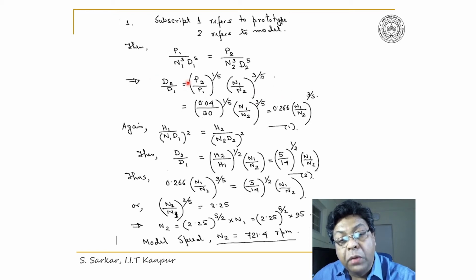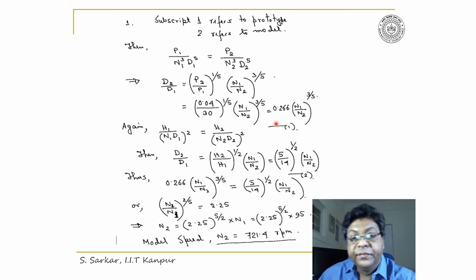Put the values of P2. P2 is for the model, power has been given as 40 kilowatt, and P1 is 30 megawatt. So I can create a relation between D2 by D1 and N1 by N2 with some constants.